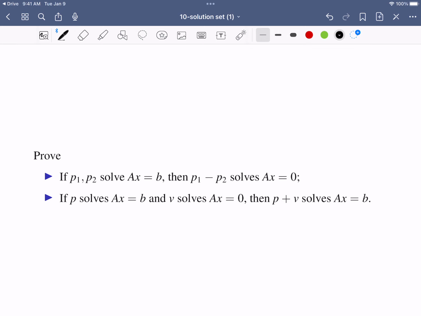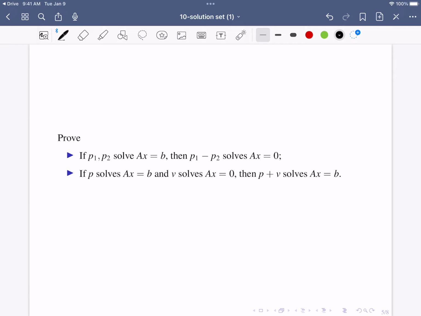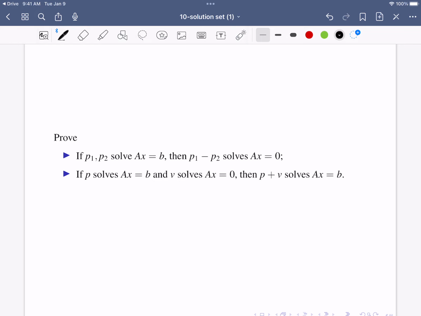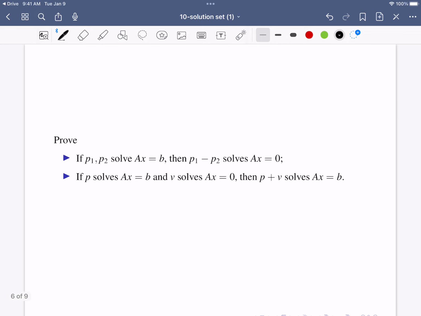Next, we look at a proposition, which is a little bit more abstract, but we're going to give a brief proof. Suppose P1 and P2 solve the same equation Ax equals b.